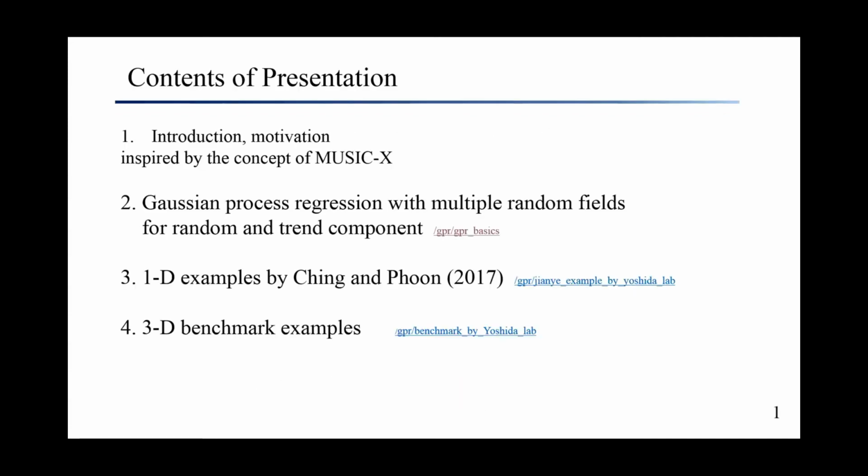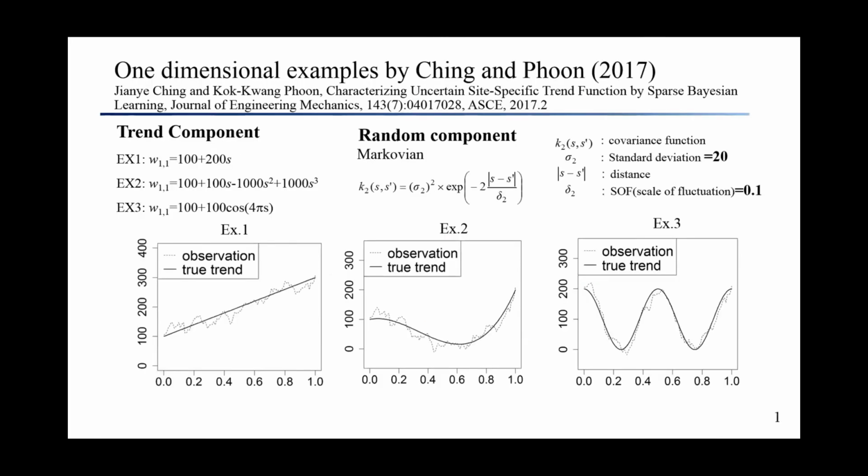Okay, before I apply this method to the 3D benchmark example, let me show you the application to a 1D example. This 1D example is used in this paper, also a paper by Professor Chin and Professor Fun.